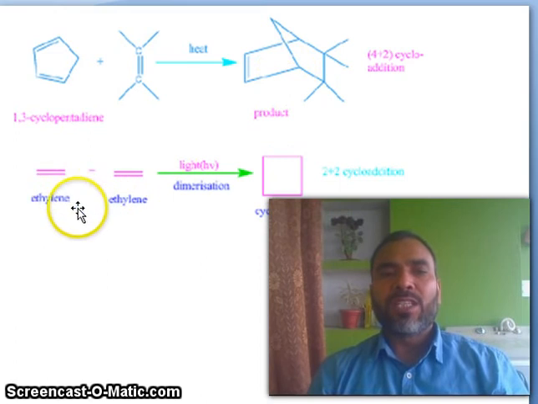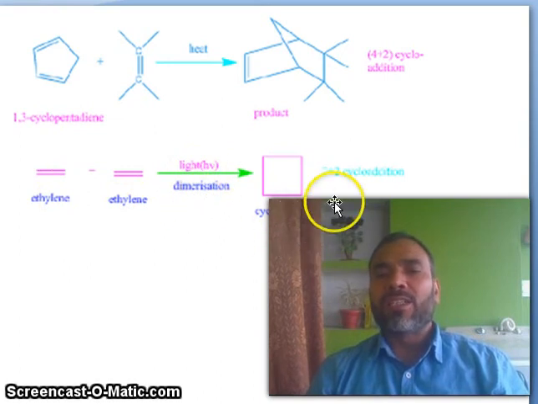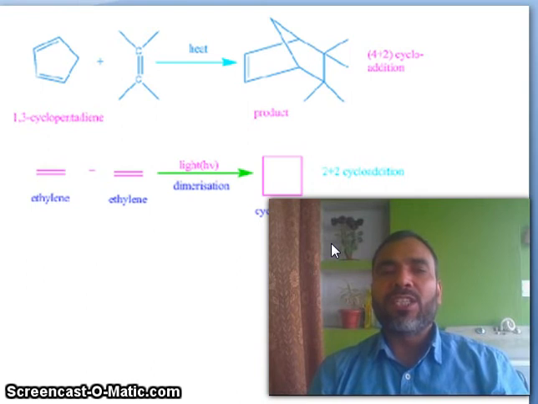Now you see this is not a Diels-Alder reaction, but ethylene and ethylene undergo reaction in the presence of light and form cyclobutane. This is a different type of reaction. This is also a cycloaddition, but not a Diels-Alder reaction. For a Diels-Alder reaction, it is necessary that a diene and a dienophile be there.